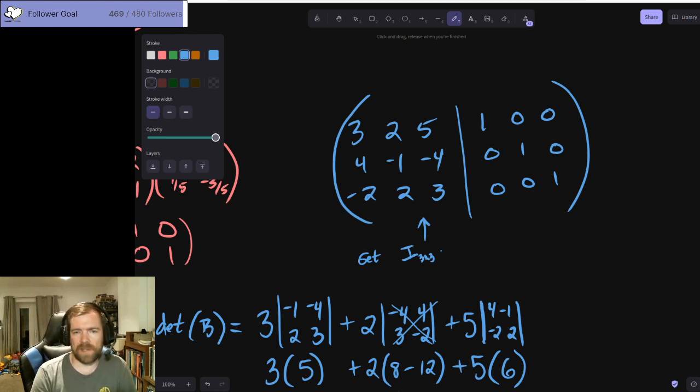Again, in this case, it's not too bad. We'll take row 1, add it to row 3, and then store back in row 1. We'll take row 2 plus 2 row 3, and store back into row 2.